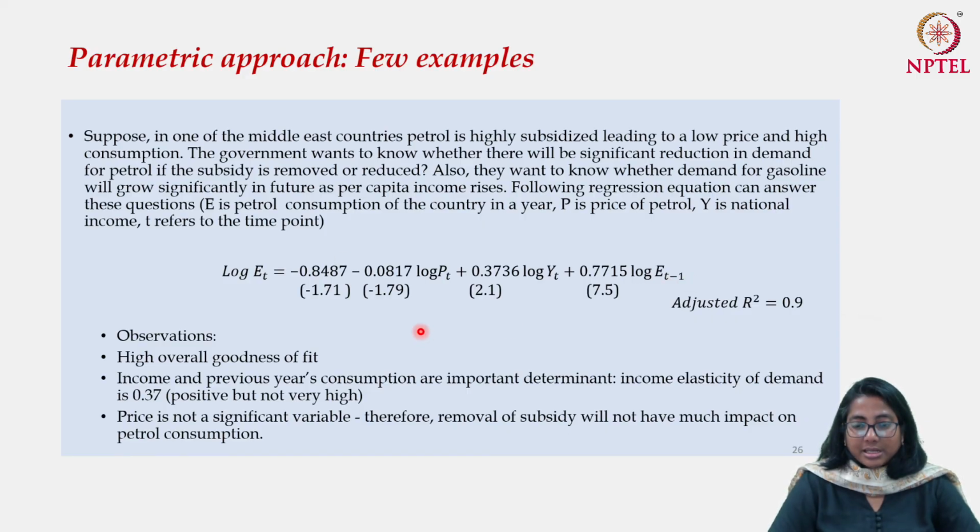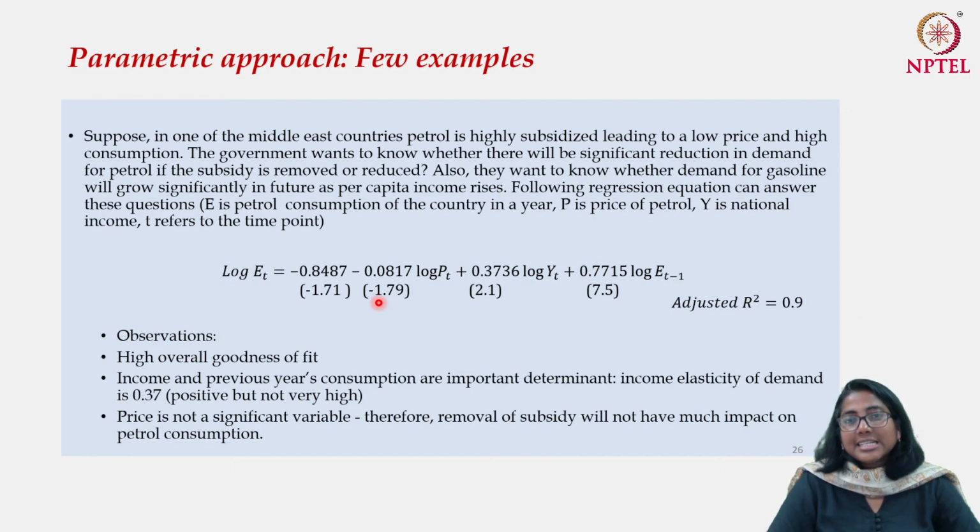And what are the observations? See, the observations say that the coefficient for the price is actually not significant, and you can also say that this minus 0.0817 is actually the own price elasticity of gasoline in this country, which is not very high. Not only is it not very high, the other thing is that it's not significant at all.